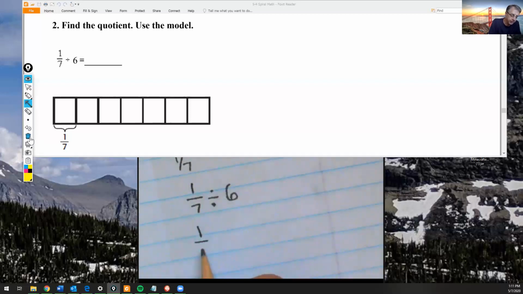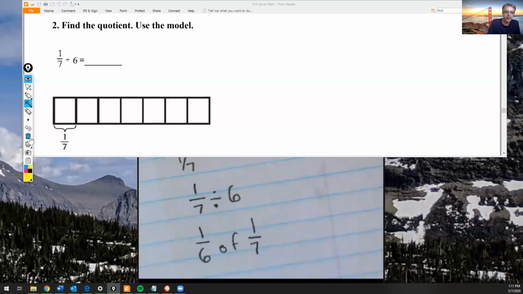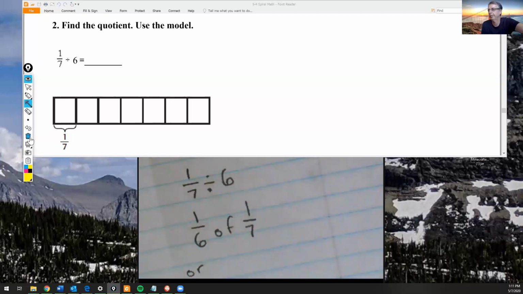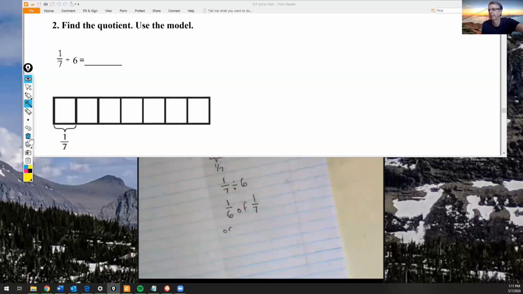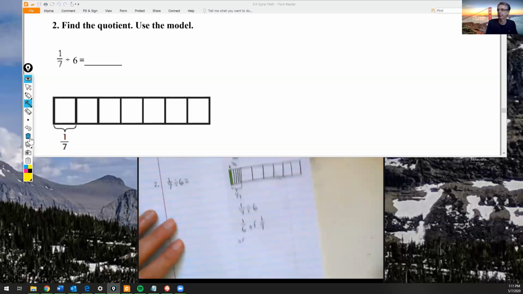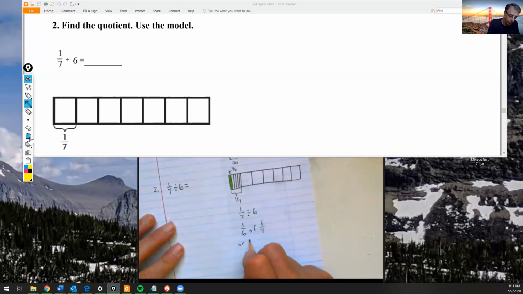It can also say, because this little part right here is 1/6 of 1/7, it's 1/6 of 1/7, or, and I'll zoom out now, 1/6 multiplied by 1/7. 1 times 1 is 1, and 6 times 7 is 42.